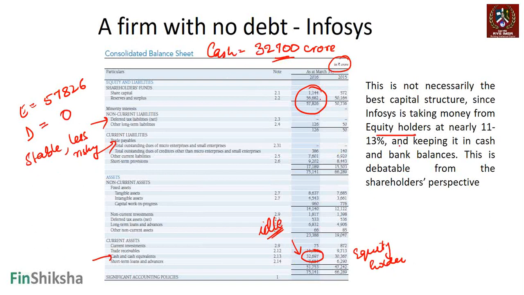So the equity holders are giving us money at approximately 13% because that's what the cost of equity for Infosys would work out, 11 to 13%. But we are putting it in a bank which might be giving very meager returns. Now that doesn't make sense, right? So logically, the firm should probably raise debt and use cash for either dividend or buyback, right?